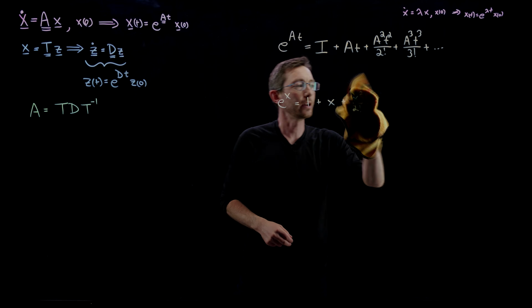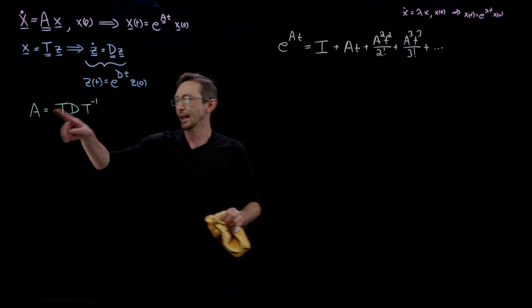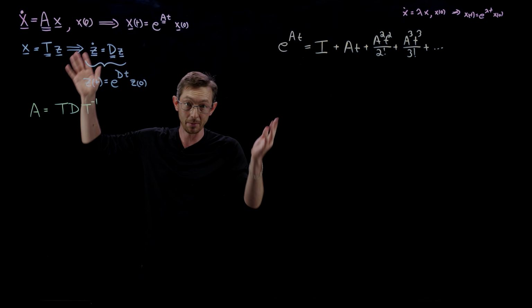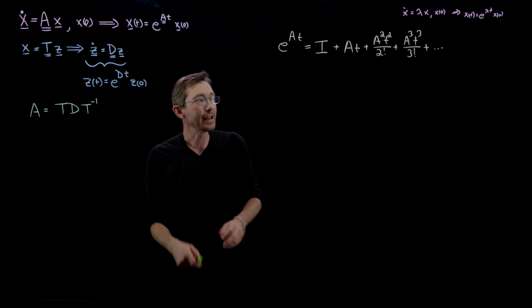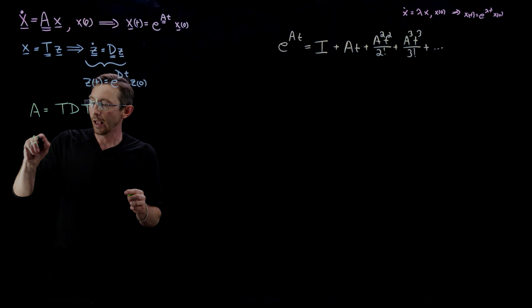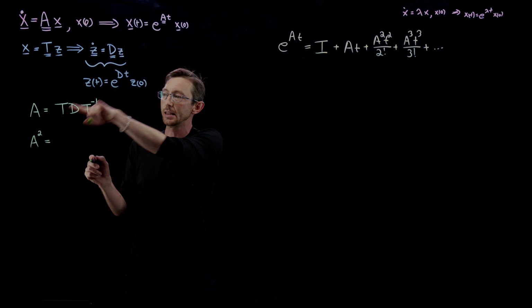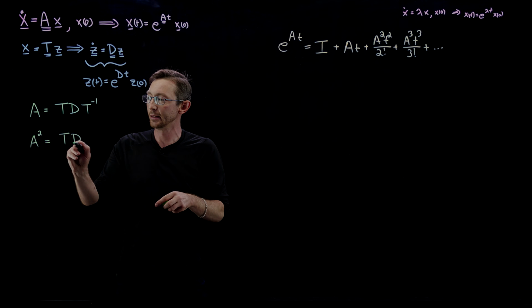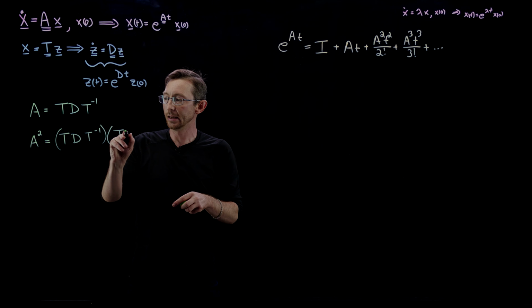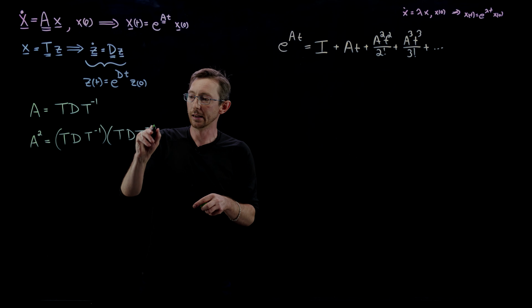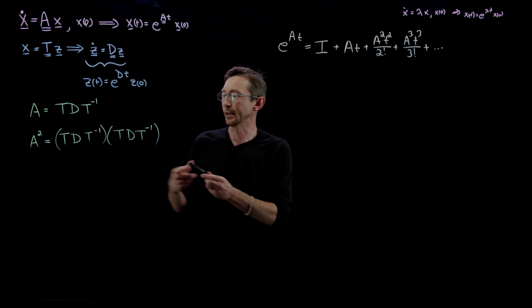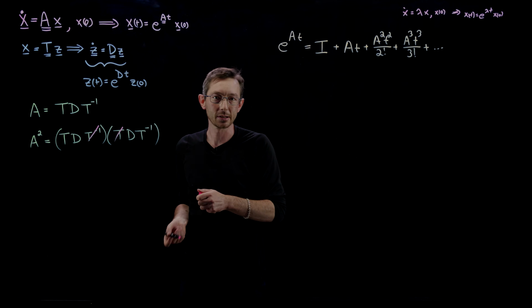Okay, so we already know that A equals T D T inverse. That's fine. We computed this using the eig command in Python or Matlab. And now I can write that A squared, this is where it gets pretty fun. A squared is just this thing times itself, so it's T D T inverse times T D T inverse. But notice that I have a T inverse times T. So these actually cancel out.